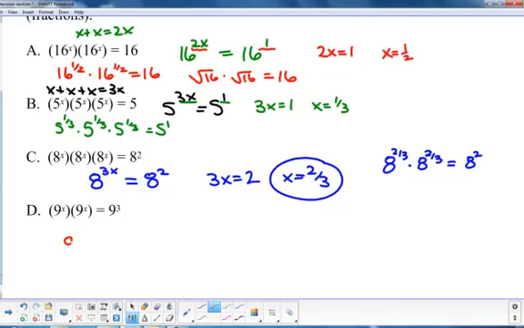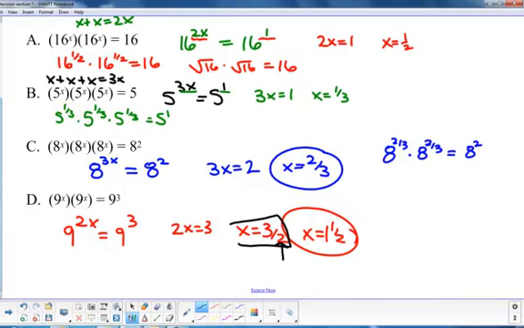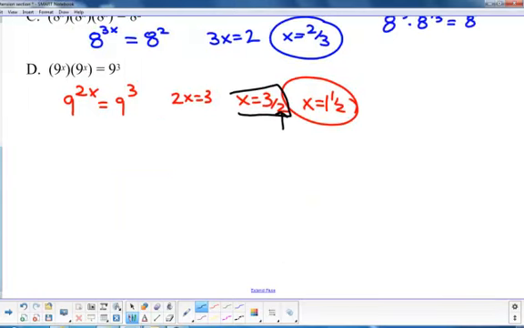And then 9 to the 2x equaling 9 cubed. So now I want to know when 2x will equal 3, and that's when x is 3/2, or 1 1/2. 3/2 might be a little better to keep it as, because the bottom number is what goes in the root sign, and the top number is what the base is powered to.